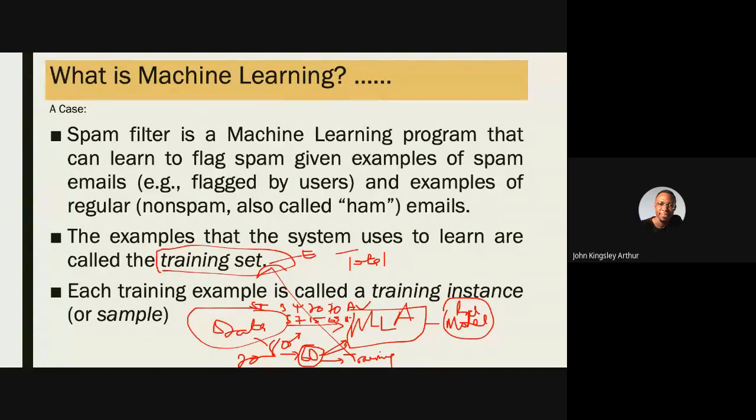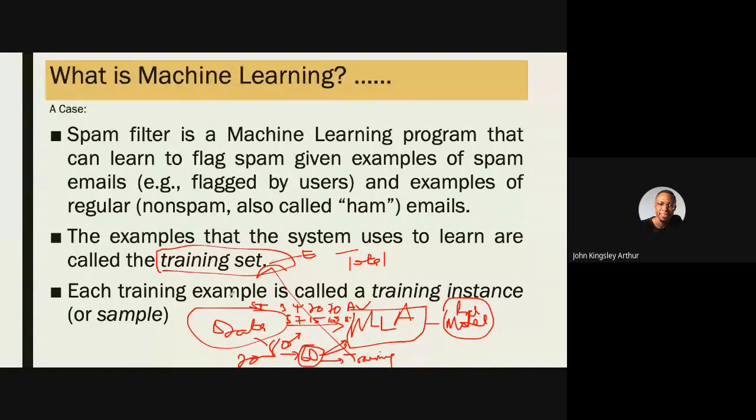So is the training set same as sampling? The training set is not necessarily the same as sampling, but you sample a part of your total data set to be given to the learning algorithm, and then we call that the training set.